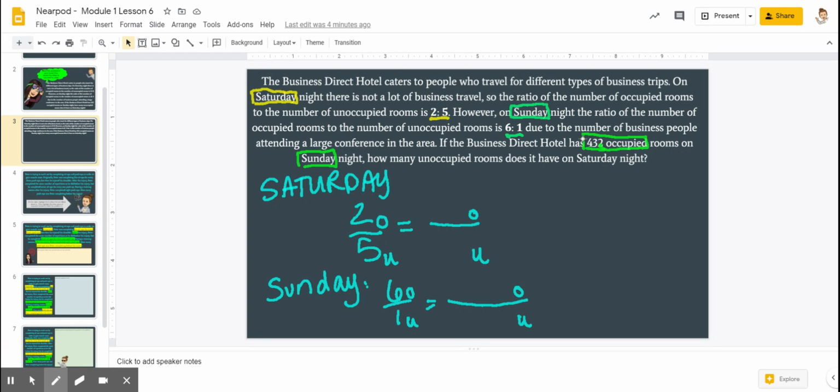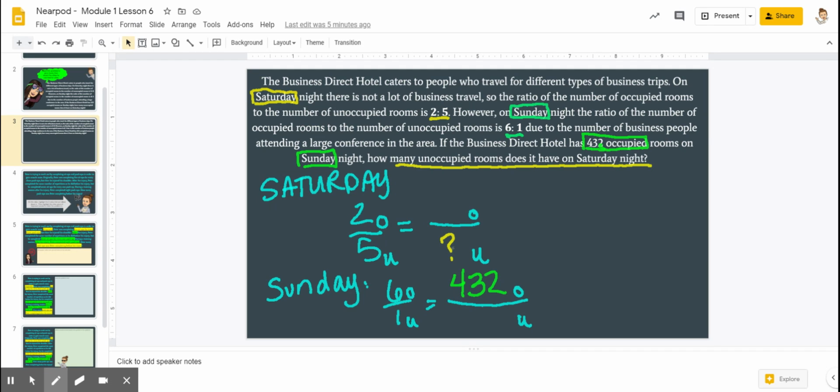If it's occupied, it's going to go here. All right, so the question is, how many unoccupied rooms does it have on Saturday? So the main question that we want is the unoccupied rooms on Saturday.